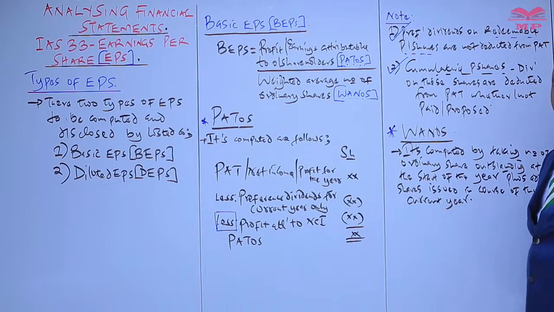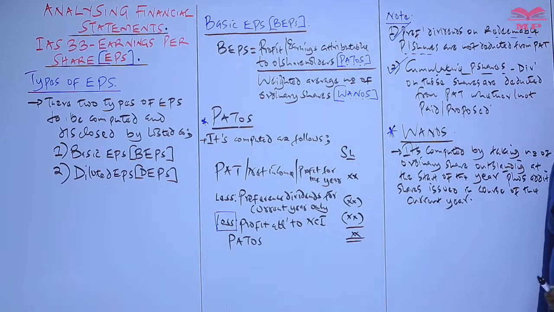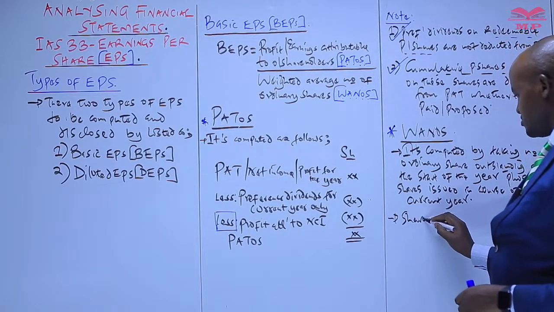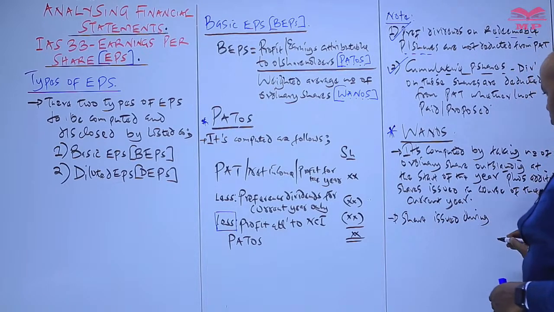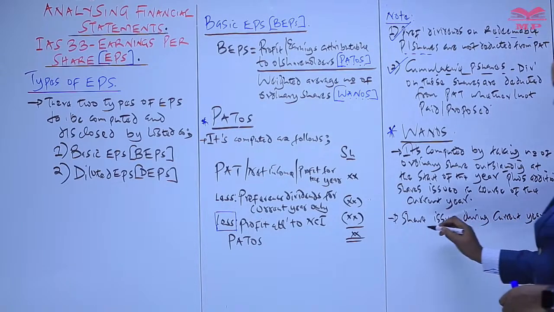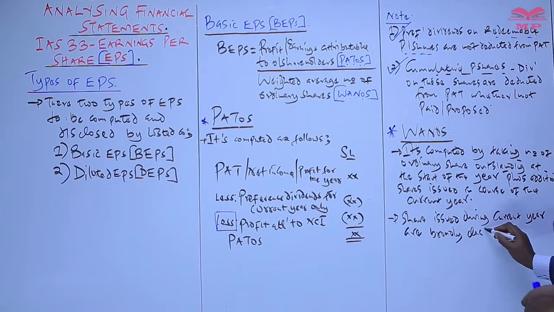But now, how do we treat those particular shares which are issued during the current year? First of all, the shares which the company issued during the current year, we broadly classify into two. The shares which are issued at full market price and those shares which are issued at nil consideration. So shares issued during the current year are broadly classified into two categories.